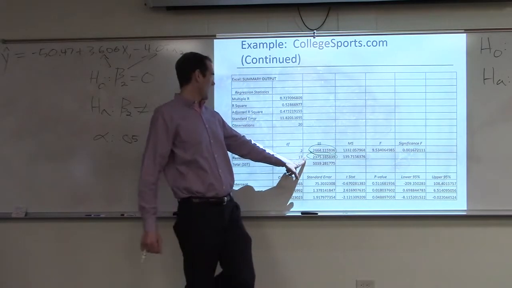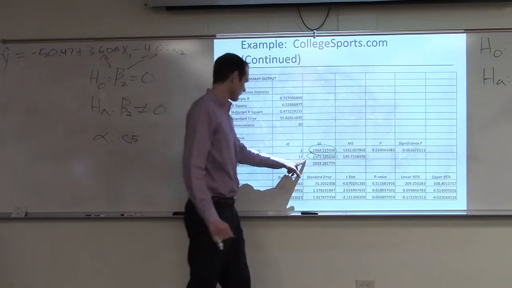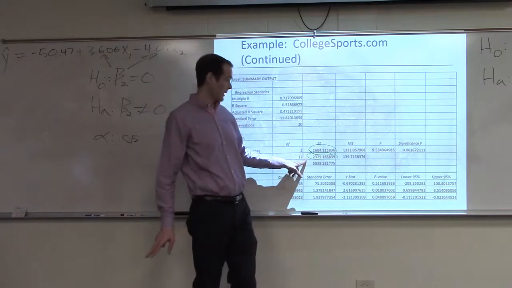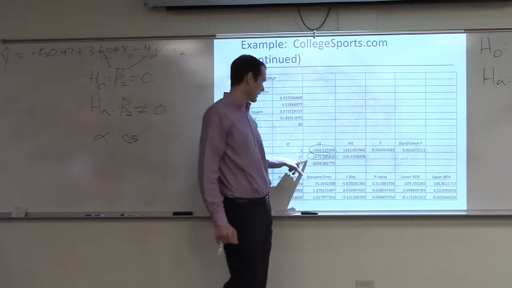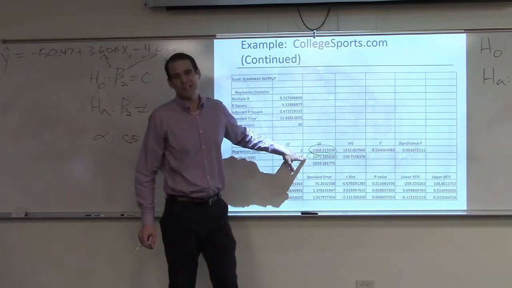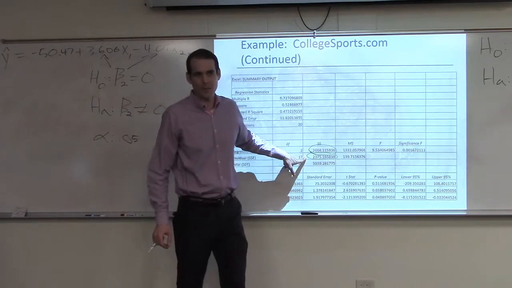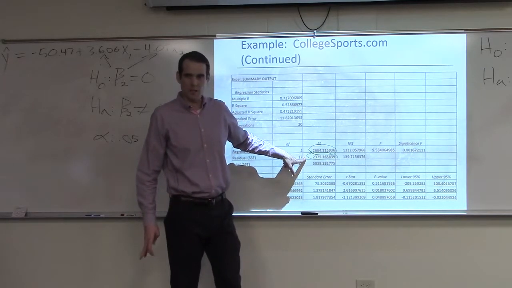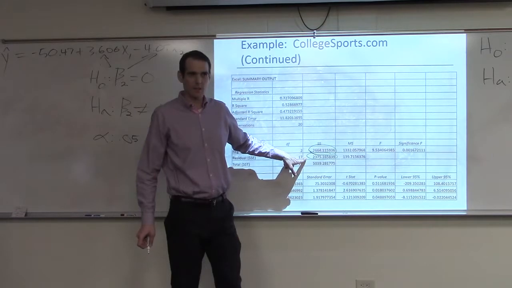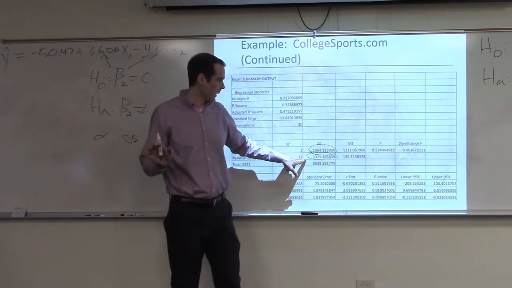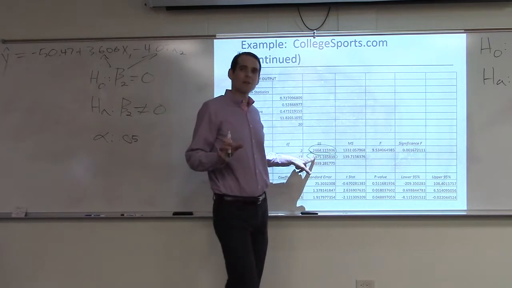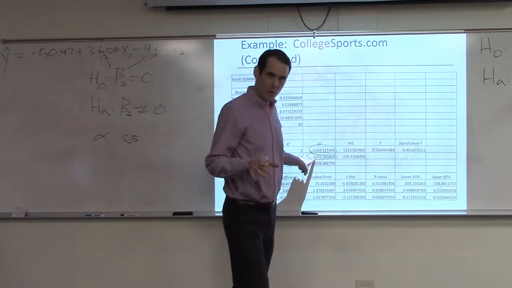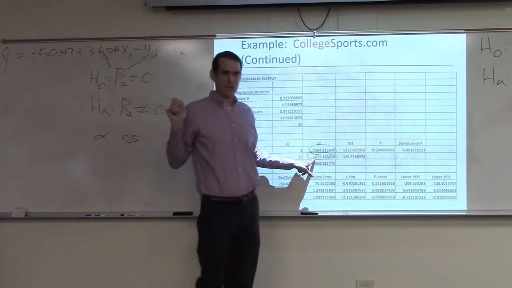What we do for the unexplained part is this is our total unexplained variation, 2375. And we essentially divide that by the number of sample points, the amount in our sample size. Remember we had 20 teams, 20 sample points, and we get the amount of unexplained variation per sample point.